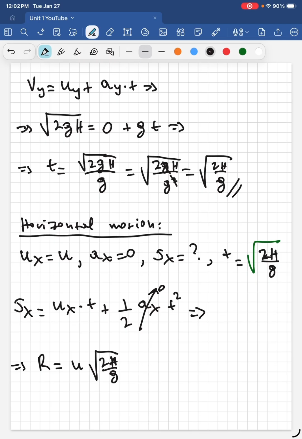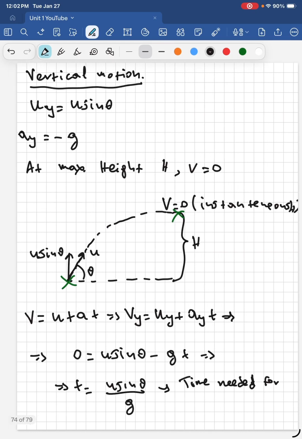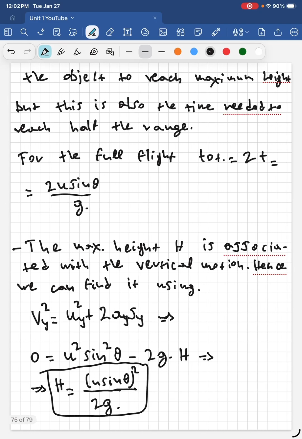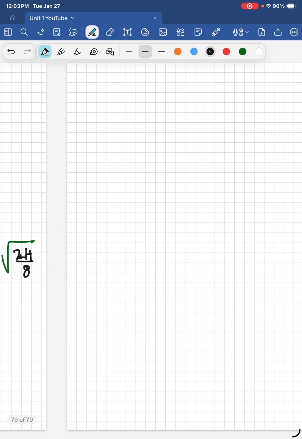And that's the answer, okay? All right, so this was case 2. Again, case 1 was the very general case in which we have a projectile fired under some angle theta. The second case was the projectile fired from some cliff with some initial velocity only in the x direction.